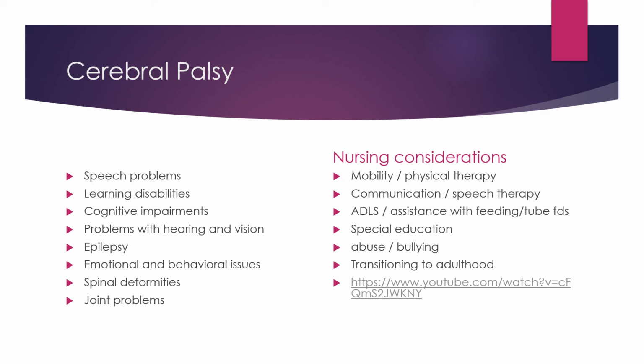So nursing considerations, it's highly individualized. These patients, depending on the severity of their illness, with mild illness, they may just need assistance with speech therapy or something like that. Maybe it's not that noticeable.